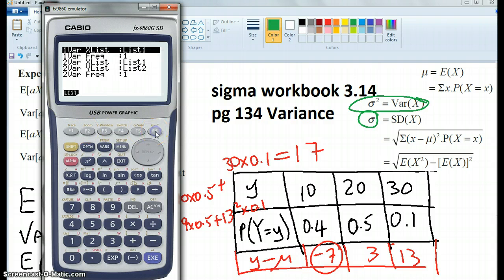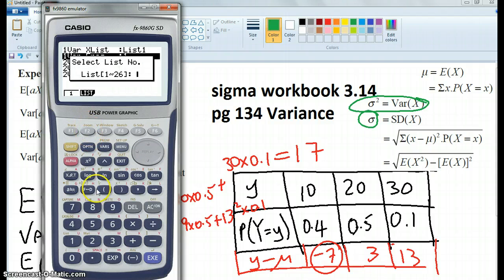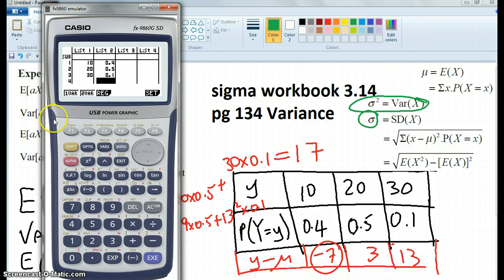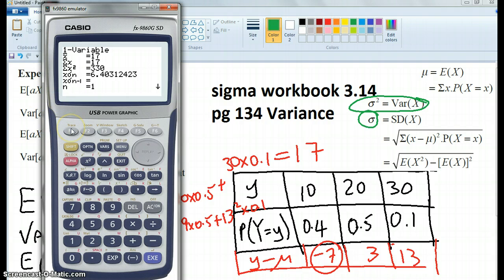I go set and I make sure that the frequency is in list 2, because our frequency is our probability, if that makes sense. So now we can go 1 var, and we have got 17, which is our mean. That's correct. And then here I've got 6.4.